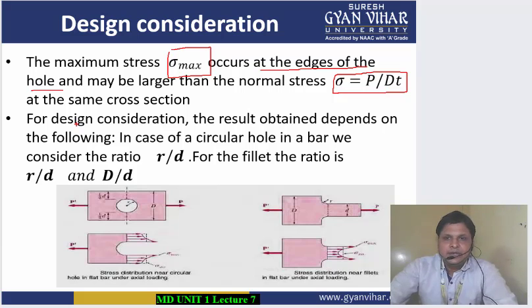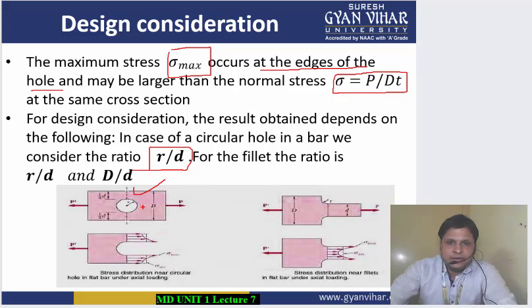For design consideration, the result obtained depends on the following. In case of a circular hole in a bar, we consider the ratio R by D. Alright, in case of a circular hole, the value which is important while considering its design is the R by D ratio.